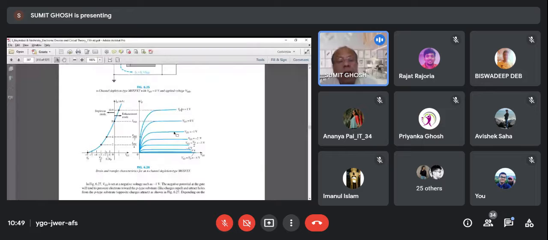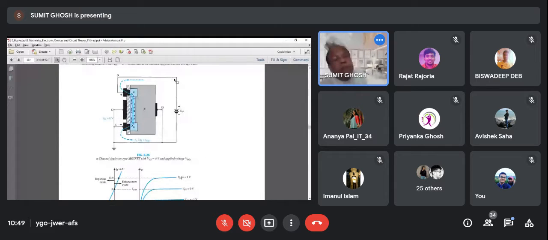Now let us come to the transfer characteristics. You are clear on this because we have studied it in JFET. Transfer characteristics is the transfer from the output to the input. So what is the output parameter? ID.